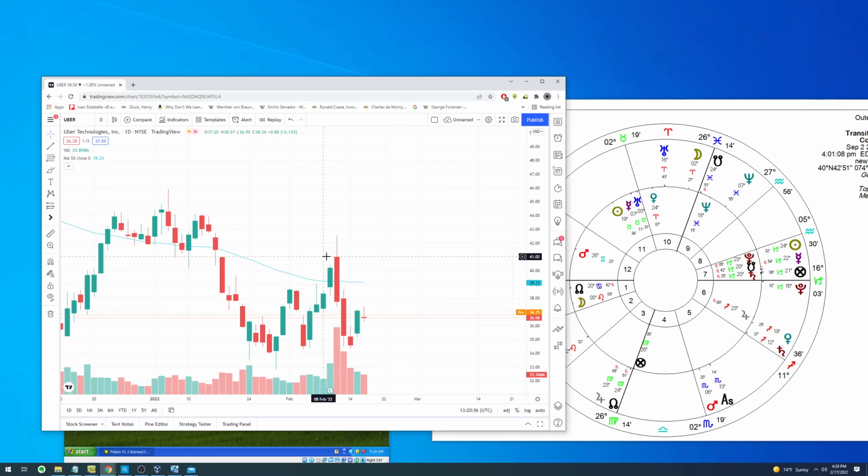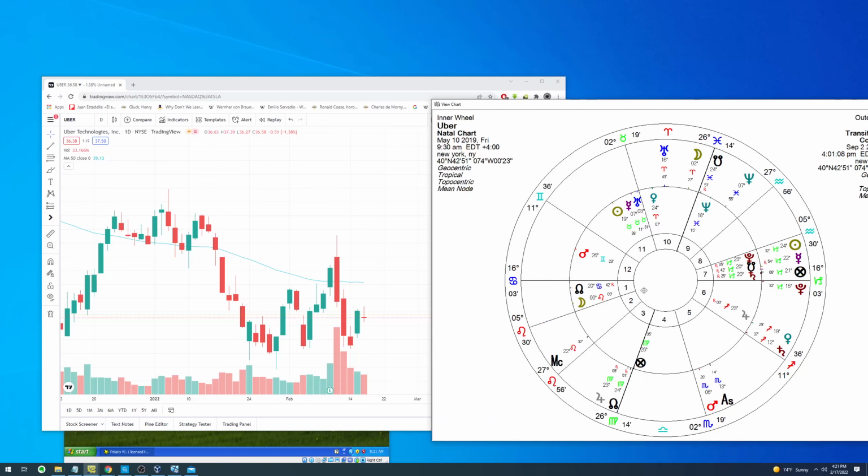So the stock opens here at $41 from 40, and then it rises to 42.4. But it falls. But what we get from this Jupiter opposition is that the stock opens, it rises and rises. So that's the energy of this opposition from Jupiter and the North Node to the midheaven.